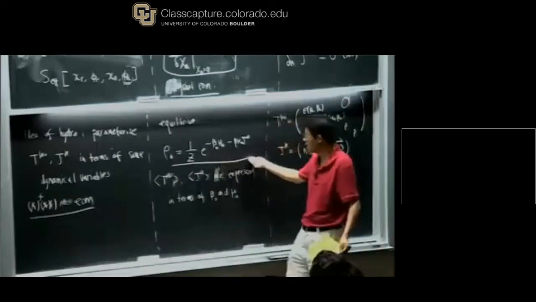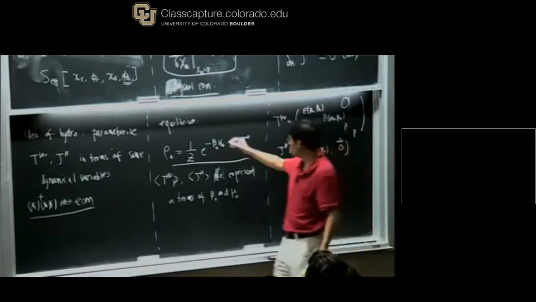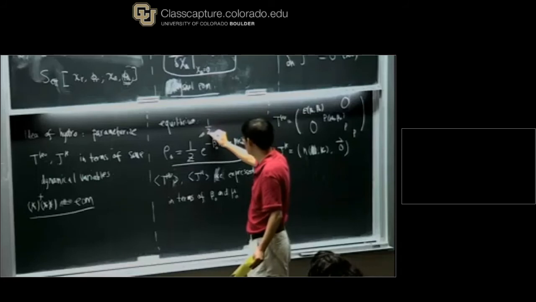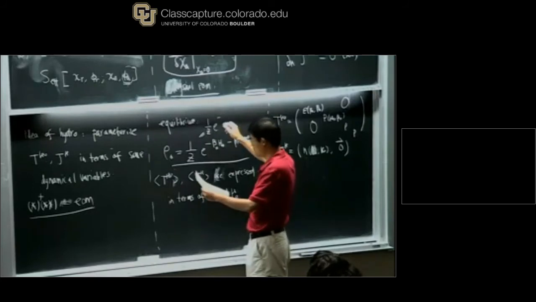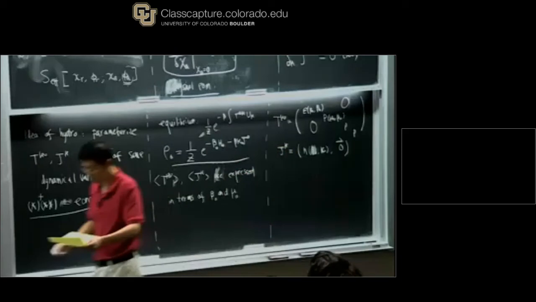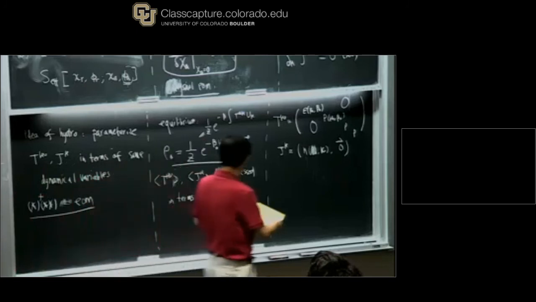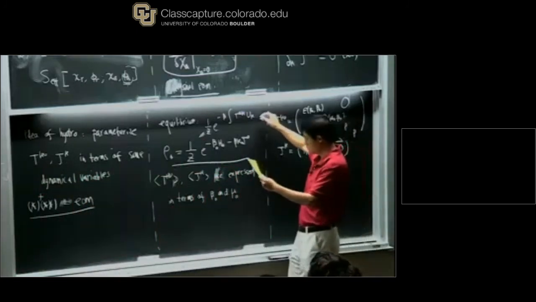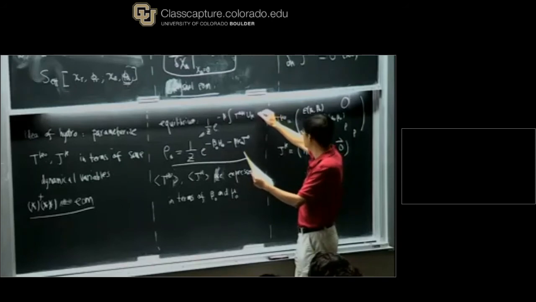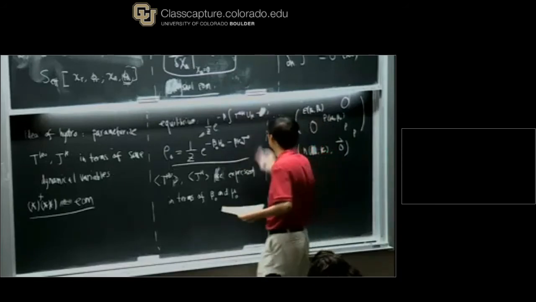Now let's imagine we write it in a general inertial frame. I can generalize this into the following: 1 over Z, exponential of minus beta times T_0^μ, and then I can introduce a constant velocity field. Sorry, I ran out of space.